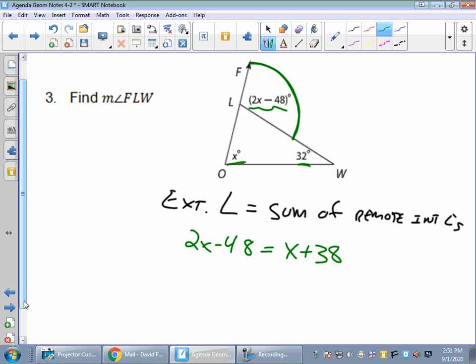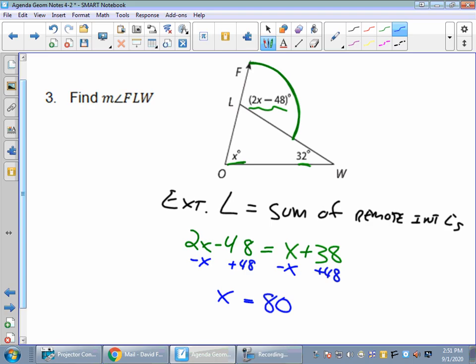All right, so let's go ahead and do it. I'm going to subtract an x here, subtract an x here, and then I'm going to add 48 to both sides. Using algebra, this is going to give me x, and this is going to give me 80.